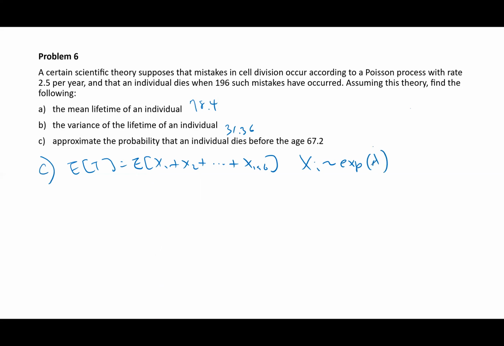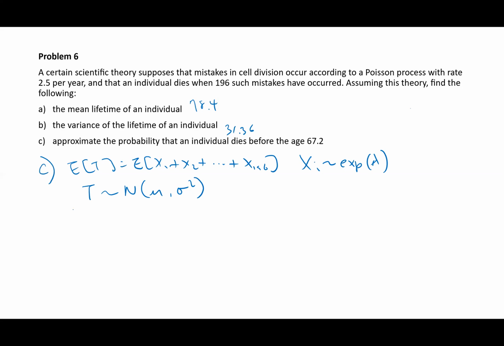But if you look at t though, t is actually going to have a normal distribution with a mu and a sigma squared. Okay, so that's the central limit theorem. Essentially, that captures the central limit theorem. If you look at the summation of these exponential variables together, it's going to resemble a normal distribution. Okay, so if we know that, this is a pretty simple problem to solve.